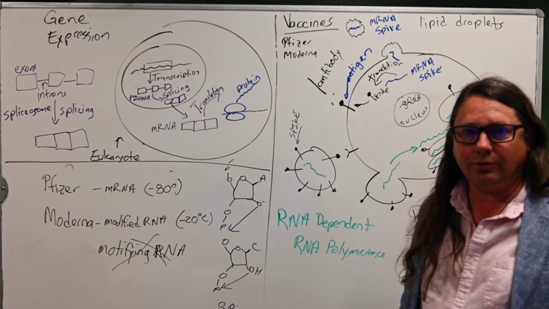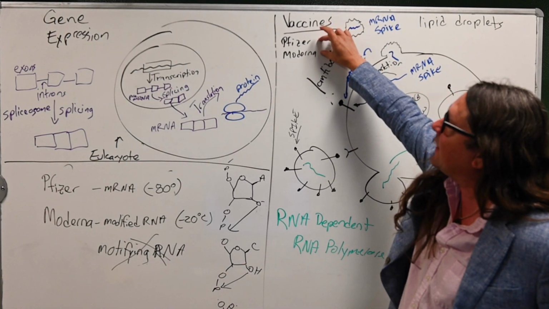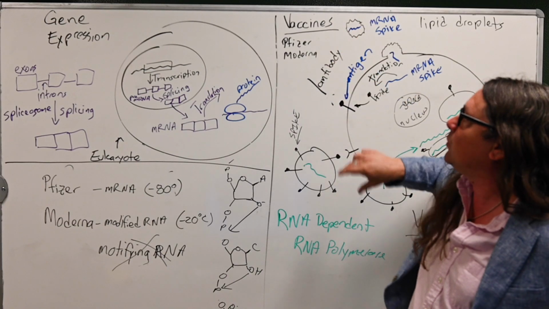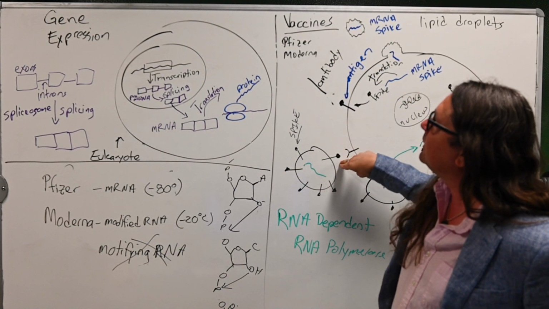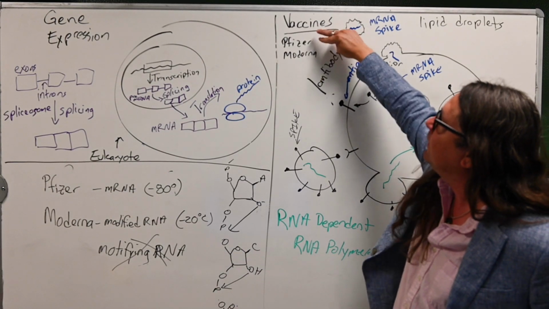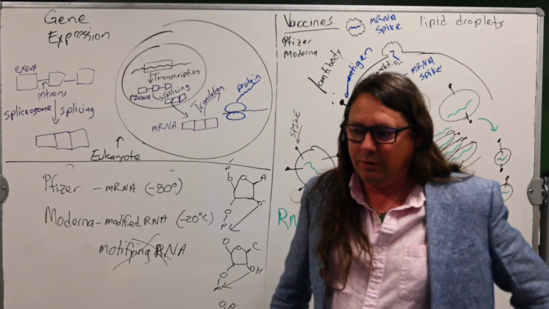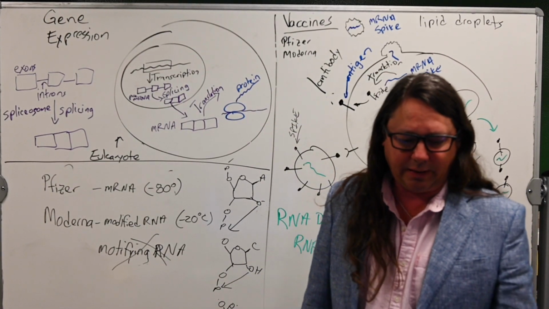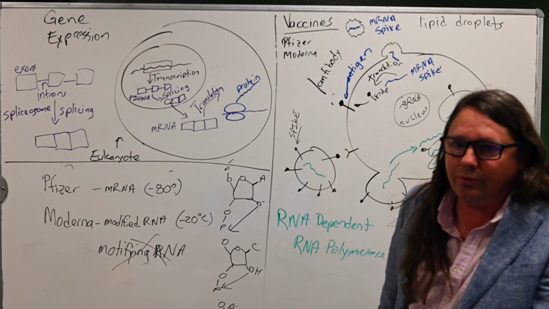It's already in trials. So these variants, they're already modifying the vaccine so that it will not only have the original strain that started last year or so, but now these new variants are also being included. I think I read that Pfizer has gone into phase 2 trials with those.